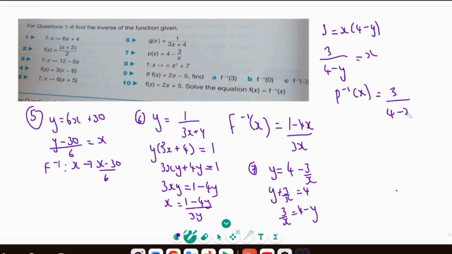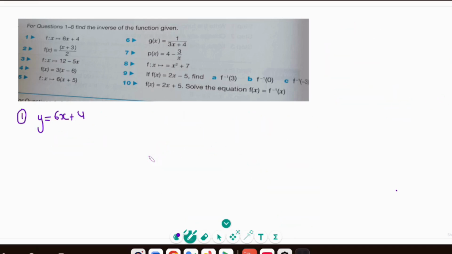Just notice 6 should be g to the minus 1. Question 8. Square root both sides. Don't forget you have the positive and negative square root.